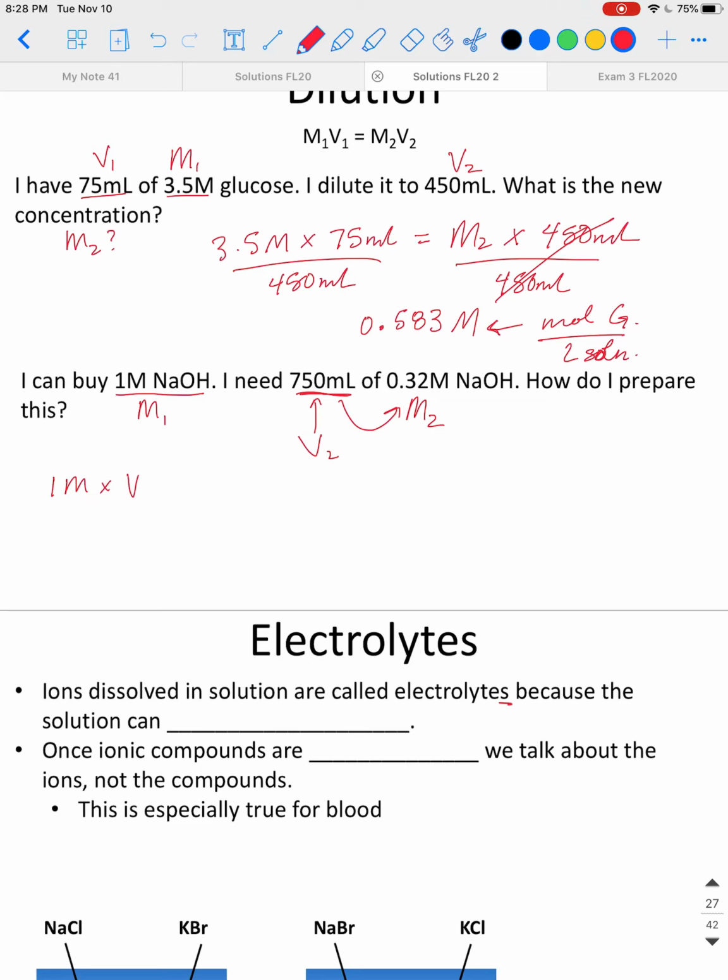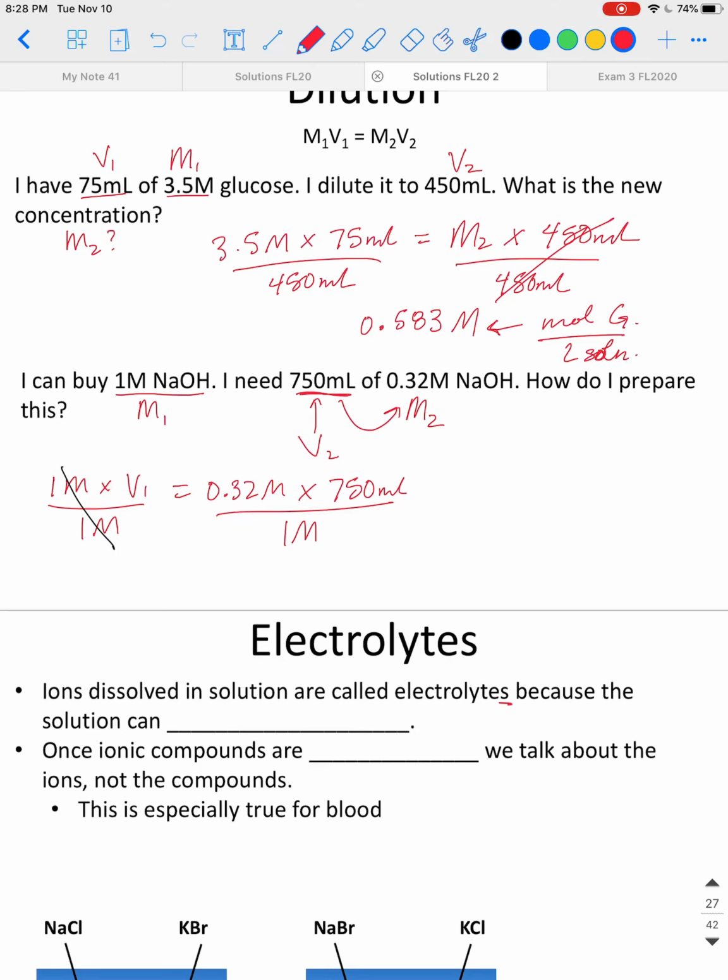Now we'll plug these things in. So we're solving for V1. So we know M1 is 1 molar times V1. So M1V1, we're looking for V1, equals M2, which is 0.32 molar, times V2, which is 750 milliliters. So we'll divide both sides by 1 molar.